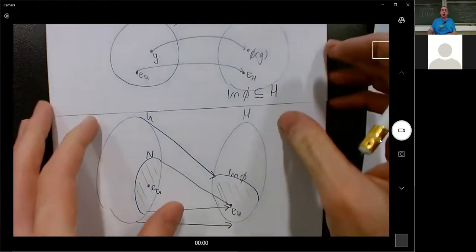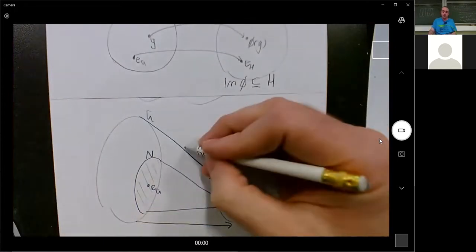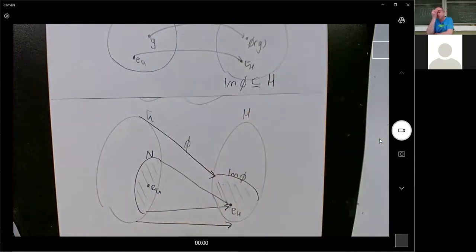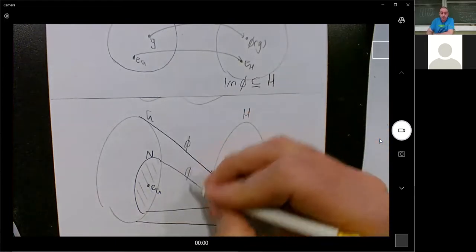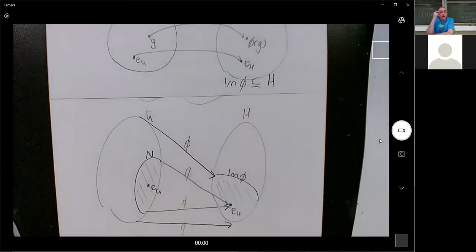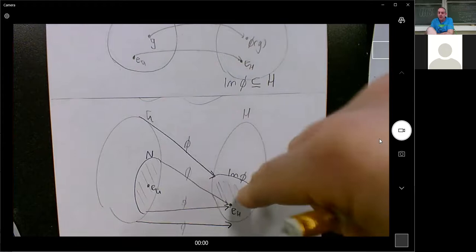And so this is a more accurate picture of what's going on. And what happens is that each of the cosets of N ends up at the points of the image.